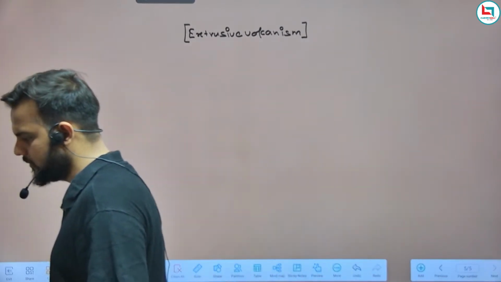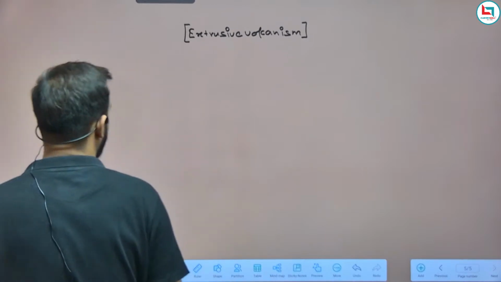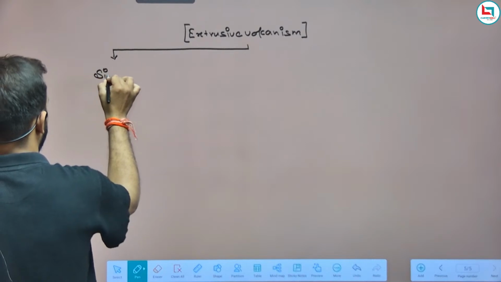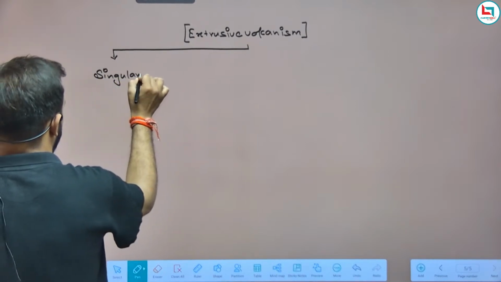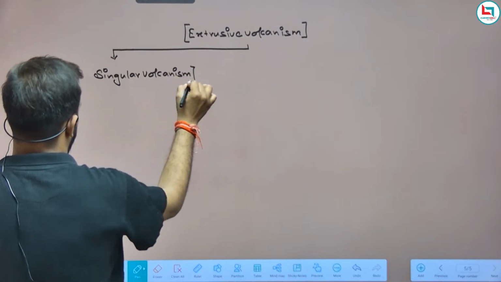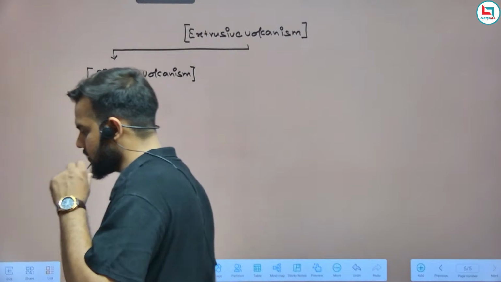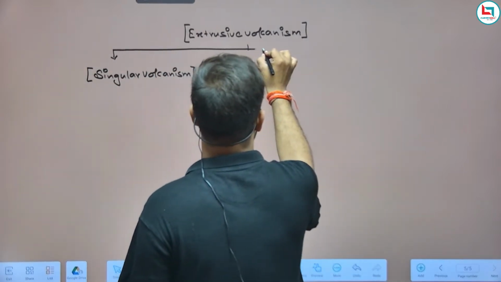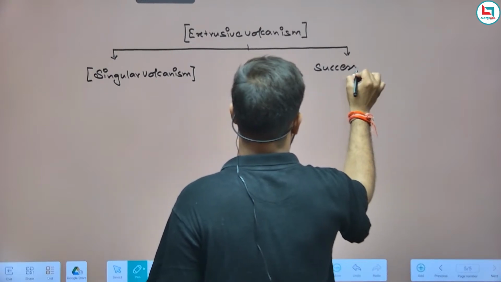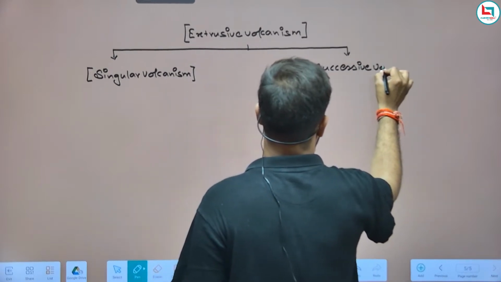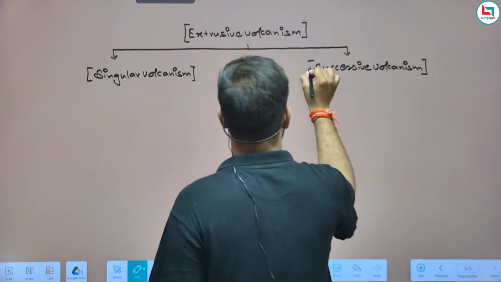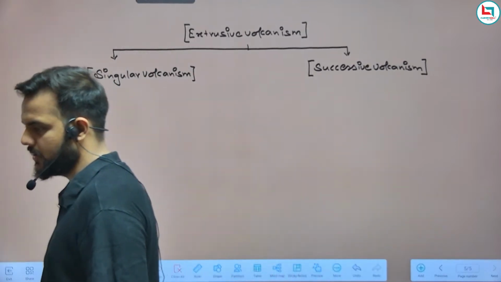We have the singular volcanism and we have the successive volcanism.